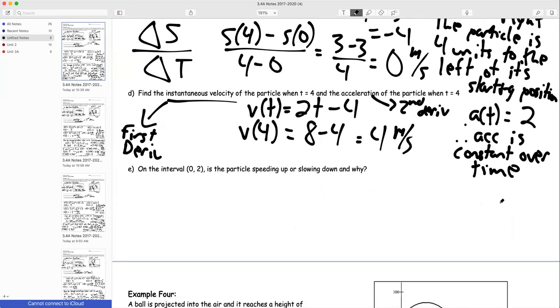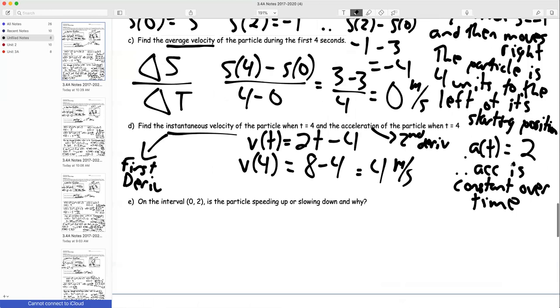And part E says, on the interval from 0 to 2, is the particle speeding up or slowing down, and why? Well, we looked at this yesterday. How do we tell if the particle is speeding up or slowing down? The acceleration and the velocity have to have the same sign for it to be speeding up. And if they have opposite signs, it is slowing down.